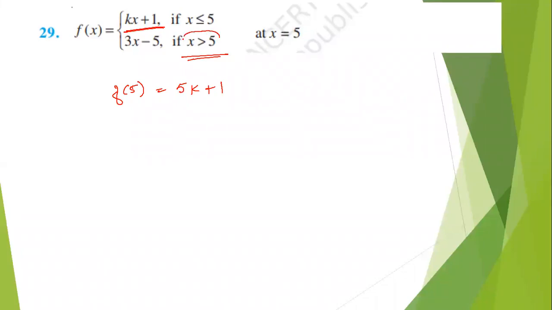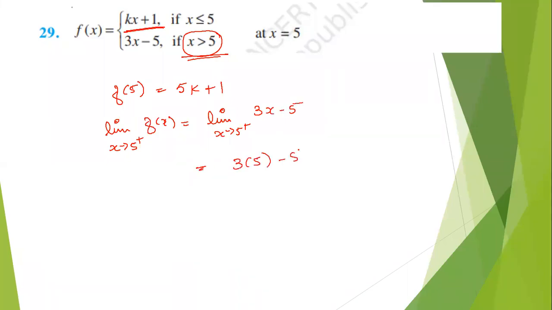You need to find your right hand limit, x greater than 5. So limit x tending to 5 plus f of x. So you get limit x tending to 5 plus 3x minus 5. So that will be 3 into 5 minus 5. So 15 minus 5, that is 10.